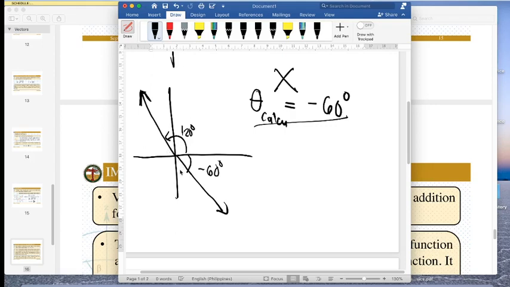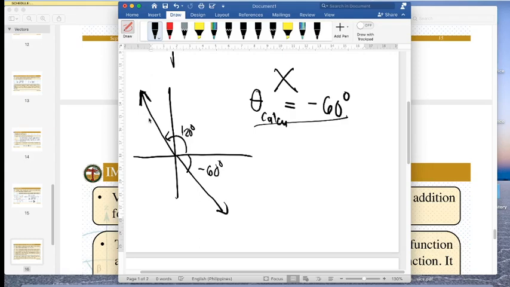They're equal. As you can see, they form a straight line. But the orientation of your vector is actually 120 degrees.